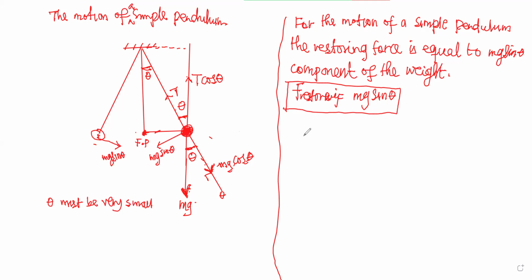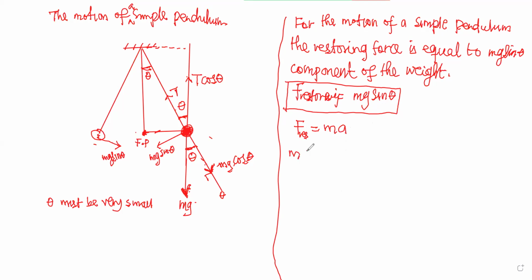Now, from Newton's second law, F is equal to ma. Every acceleration is caused by an external force. So the external force which actually causes the acceleration is, in our case, equal to mg sine theta. So we equate mass times a by the restoring force, F restoring.